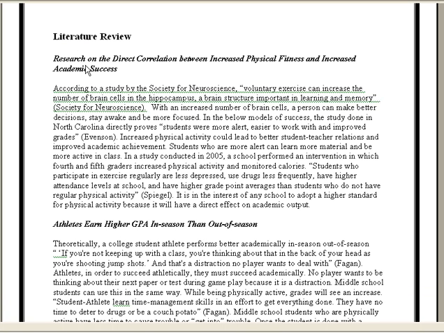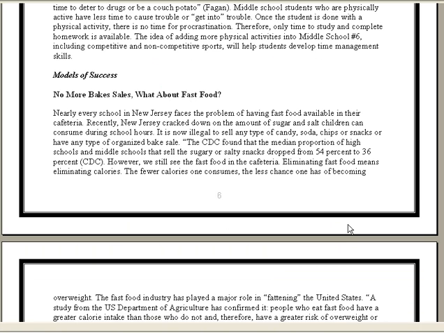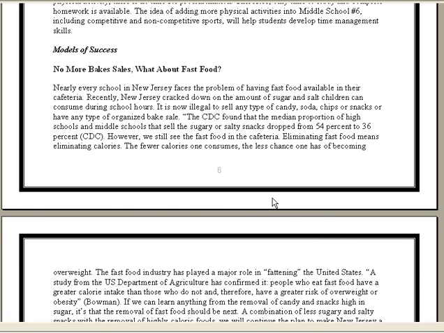So after you've skimmed through the problem section, you get to the literature review, and you can see the argument that's been made here. The first argument, made for several paragraphs, includes research on the connection between increased physical fitness and increased academic success. Then we get some models of success, and they really give us a few.